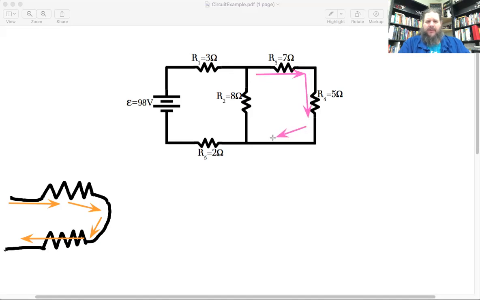And then also continuing around this branch, this corner here. This is all one path, so those all have to have the same current. Let's call that I3, because it's the current through resistor 3 and also resistor 4, which has to be the same current. So current 3 is some unknown value, but it's at least the same current through resistors 3 and 4.